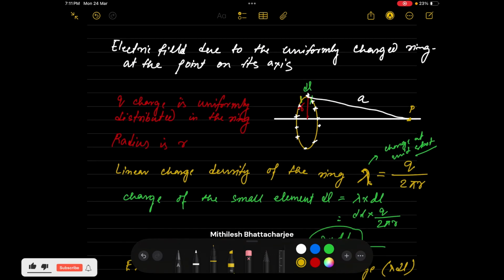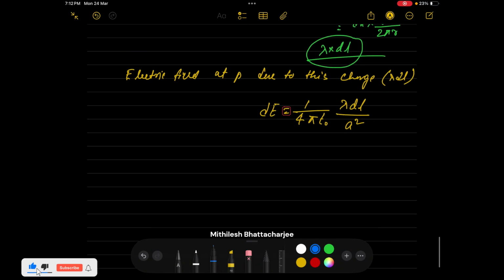So we got the electric field of this portion. Now we have to find the value for the whole ring, so just do the integration. E, the electric field due to the ring, will be the integration of dE.